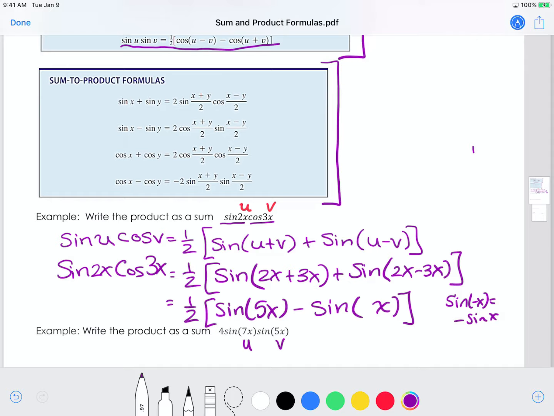So I'm going to rewrite sine 7x sine 5x as 1/2 cosine u minus v would be 7x minus 5x, which would be 2x, minus cosine of u plus v, so that's 7x plus 5x, which is 12x.